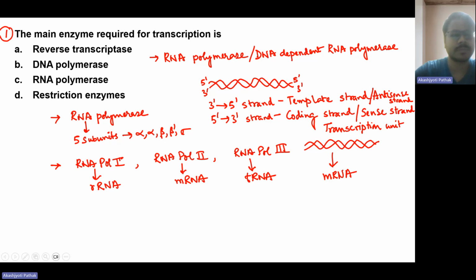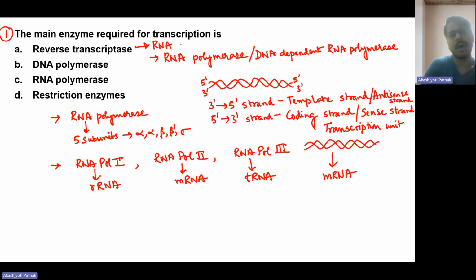Okay, the answer for this question is RNA polymerase. RNA polymerase is the main enzyme required for transcription. Reverse transcriptase, if you remember, is present in viruses, and it is also known as RNA-dependent DNA polymerase, right?